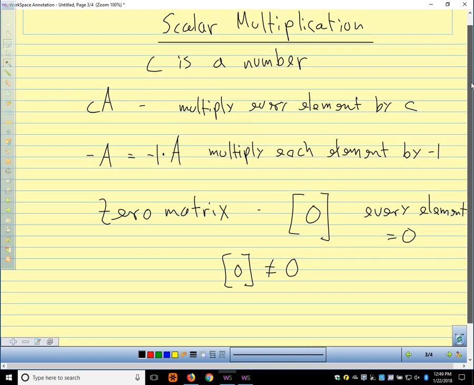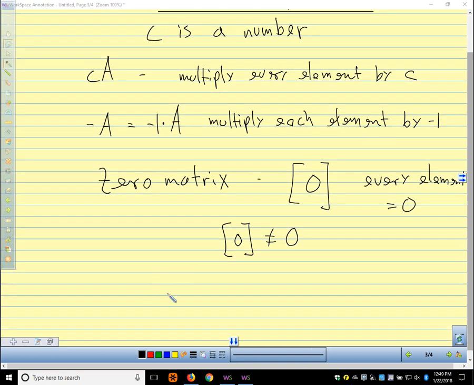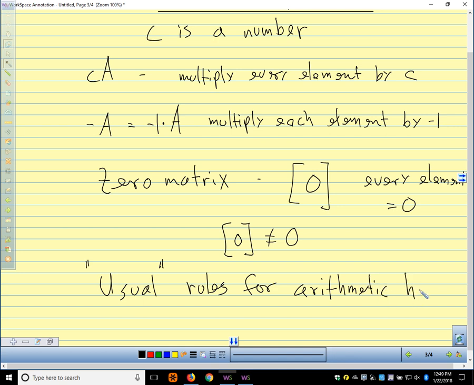And I'm going to say, for what we've talked about before, our usual rules for arithmetic hold. So we can move things around in our equations.